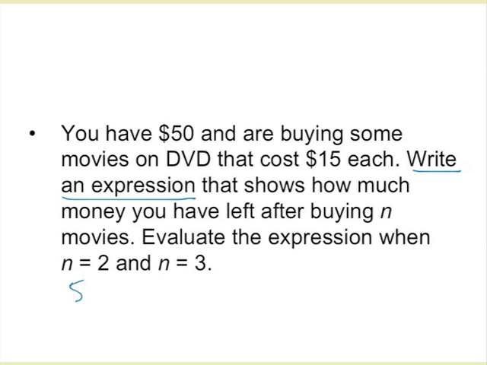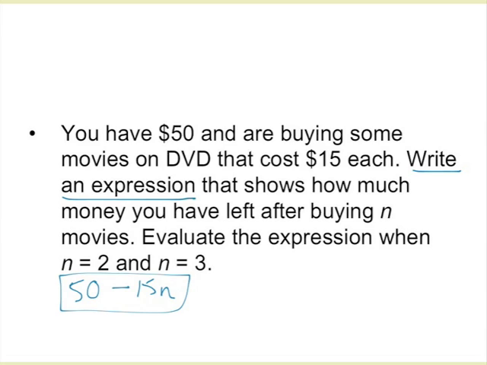Subtraction. So I've got $50, and as I spend money, I'm going to subtract out what I'm spending. I'm spending money on movies that cost $15 each, and I don't know how many I'm going to go buy. So what would show that? 15n. $15 for each of those movies, and I don't know how many I'm getting. So that's our expression.